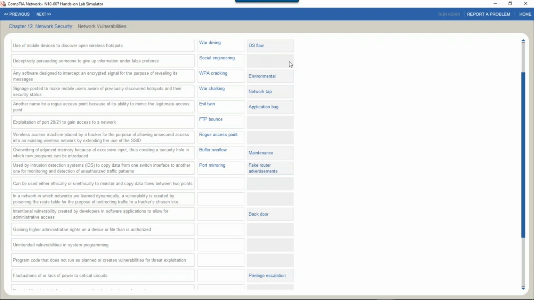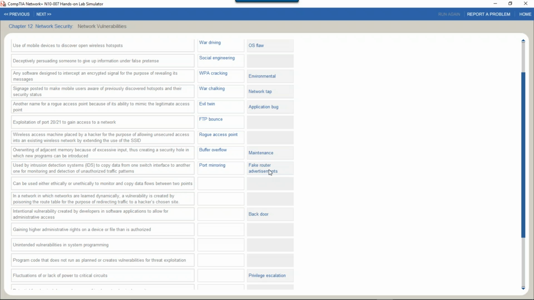Yeah, I mean, it's not going to be an operating system flaw, right? It's not environmental. It's not an application bug, right? Or maybe it could be. Application bug can be used either ethically or unethically to monitor and copy data flows between 2 points. It doesn't say anything about applications, though, saying between 2 points, so maybe not.